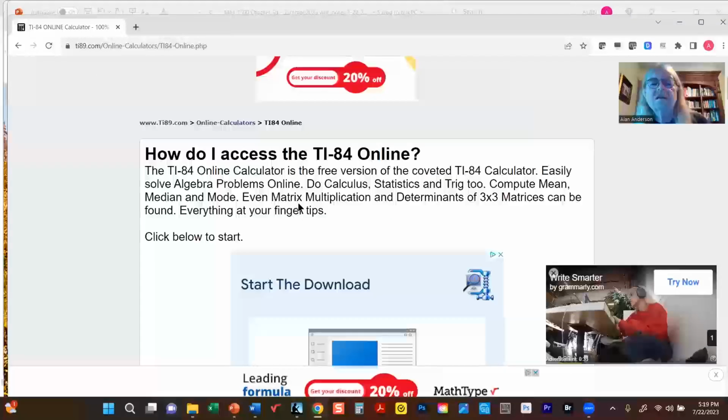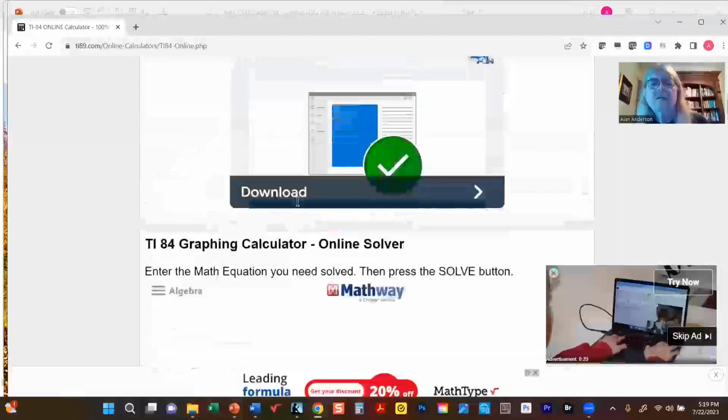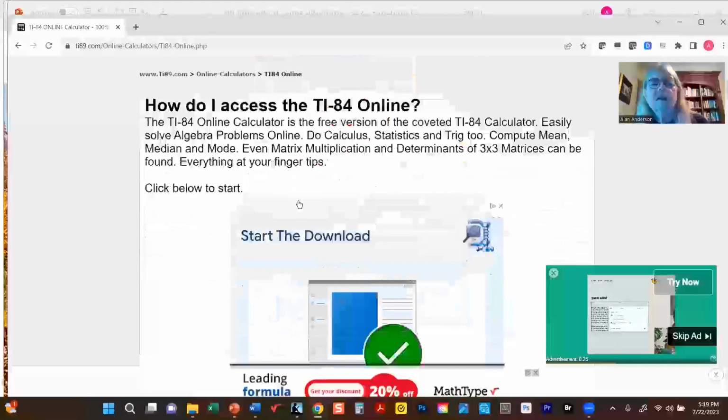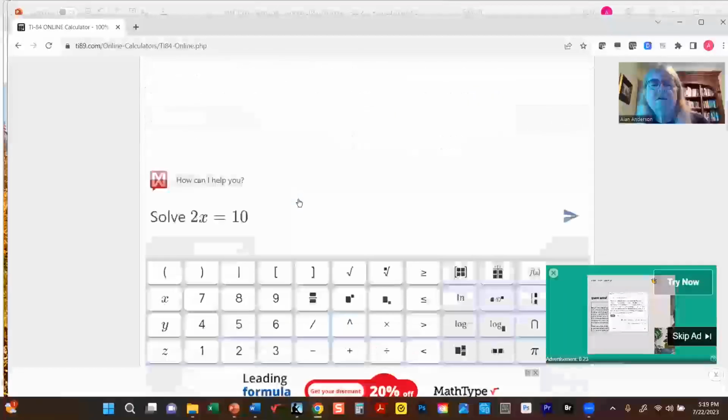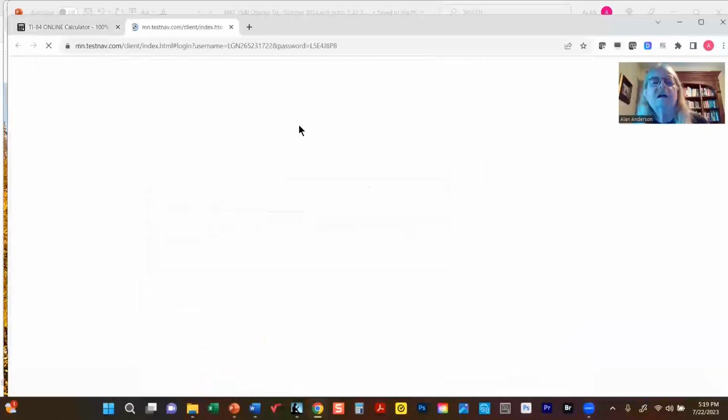You'll notice that if you scroll down here, it has all kinds of fun stuff, but what you're looking for is, oh, it's way down here, testnav.com.